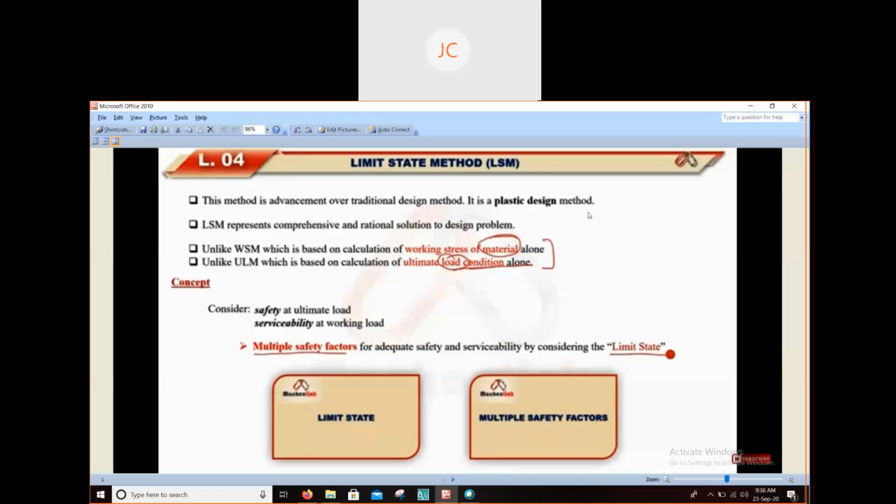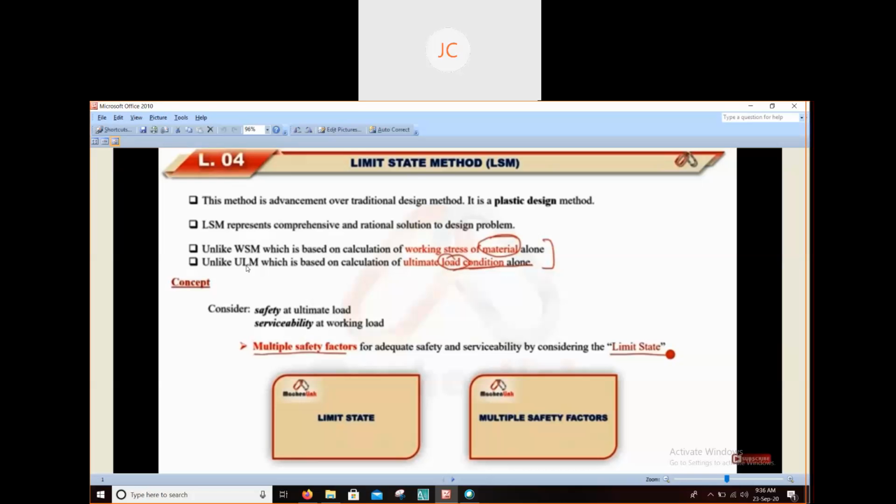Okay, so limit state method represents a comprehensive and rational solution to design problems. Unlike the WSM, which means working stress method, which is based on calculation of working stress on material alone, and unlike ULM, which means ultimate load method, which is based on calculation on ultimate load condition alone, in our limit state method we will consider both working stress as well as ultimate load. I have given you the PDF also, or I think I have given you notes also.